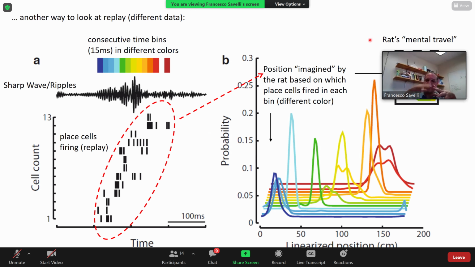You have your experience and you encode it in place cells, but then you repeat it so many times during sleep, in a very fast way, that now you can use that to train another part of the brain that is slower at learning. And now that part of the brain consolidates the memory. So the hippocampus learns everything fast with place cells.